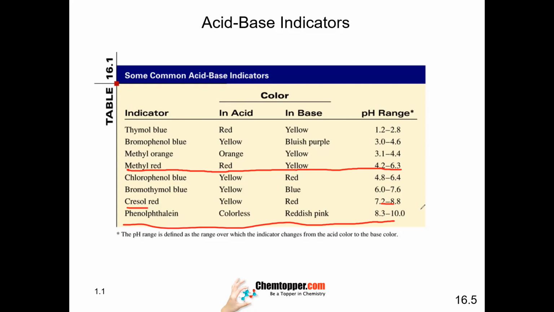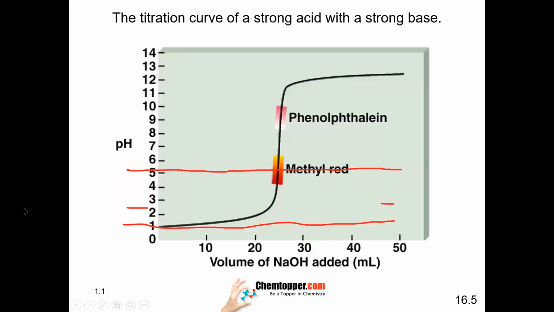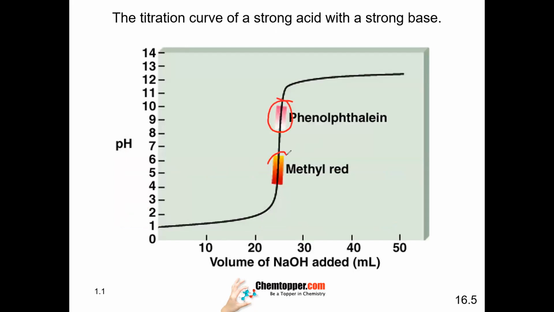Okay. So this is the story about the indicators. Can you see phenolphthalein indicator here? And methyl red. If you go above this pH, it is yellow. If you come down, then it is red, methyl red.